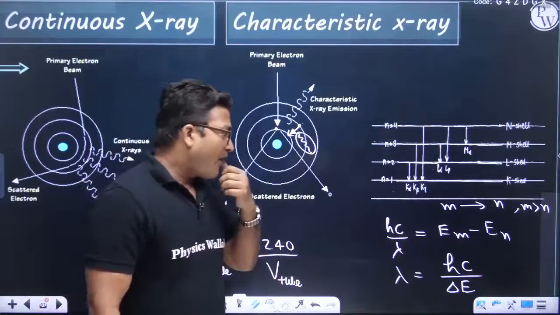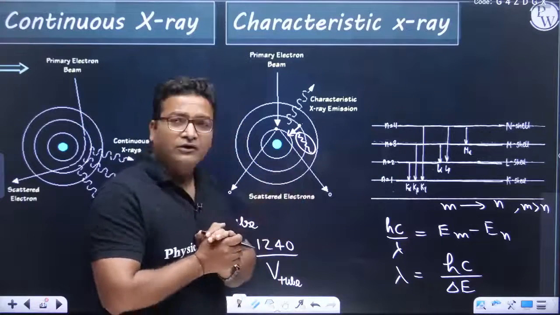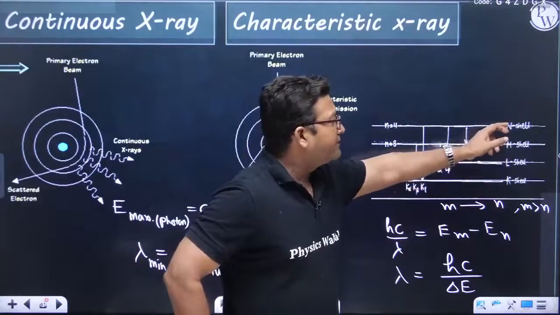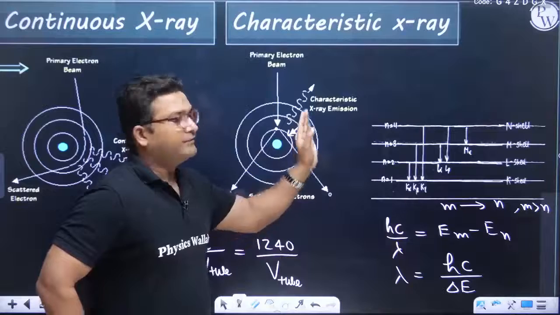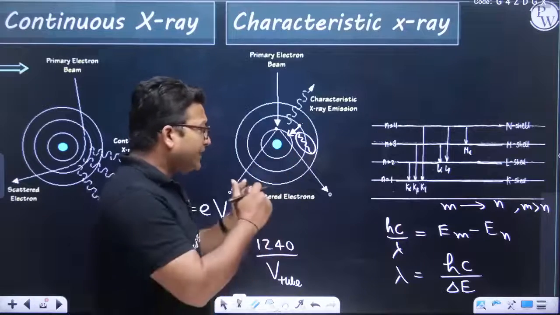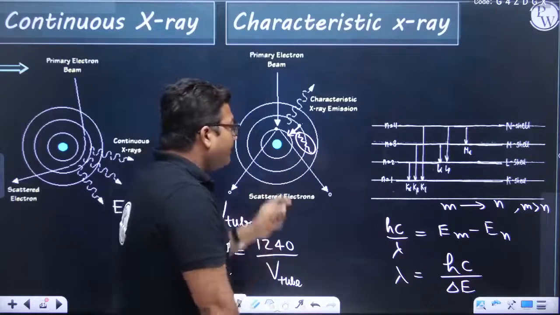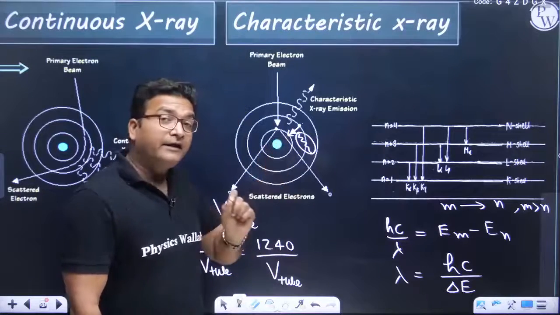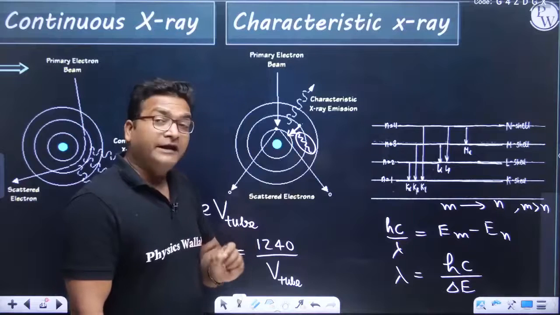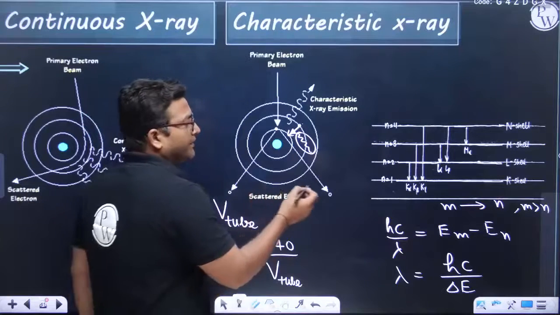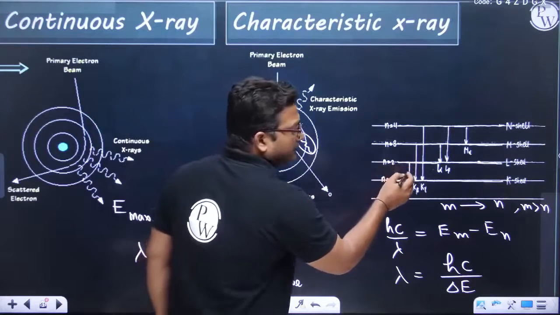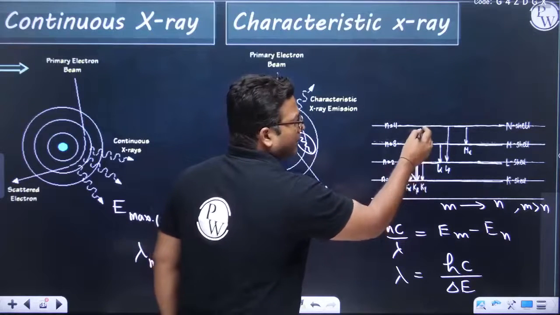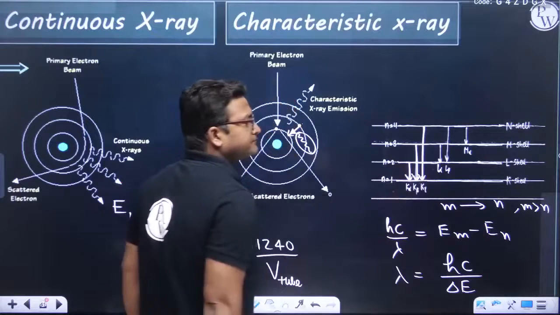Okay. Let us understand the classification or the nomenclature. If we have K shell, L shell, M shell, N shell as the first, second, third and fourth shells. Okay. If a vacancy is created in the K shell, remember, then it will be filled by either an L shell electron, M shell electron or N shell electron, etc. Right.